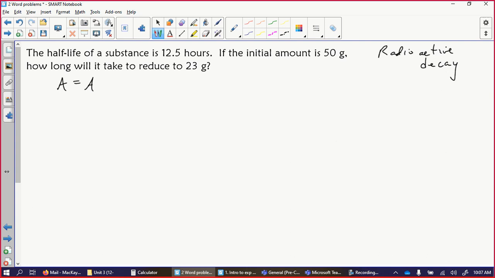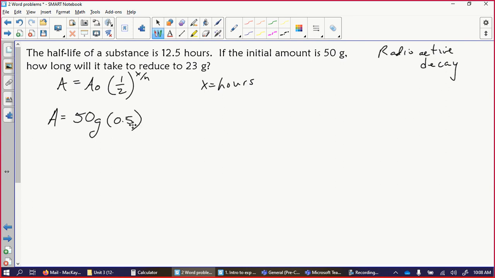Amount equals initial. X is hours. How long would it take to decay? Well, the half-life is every 12 hours.